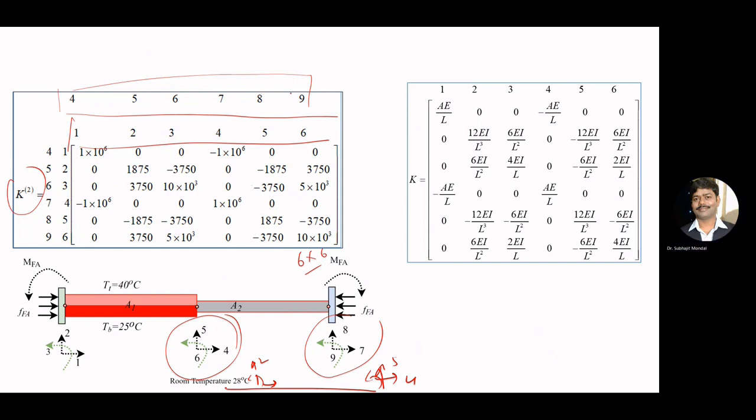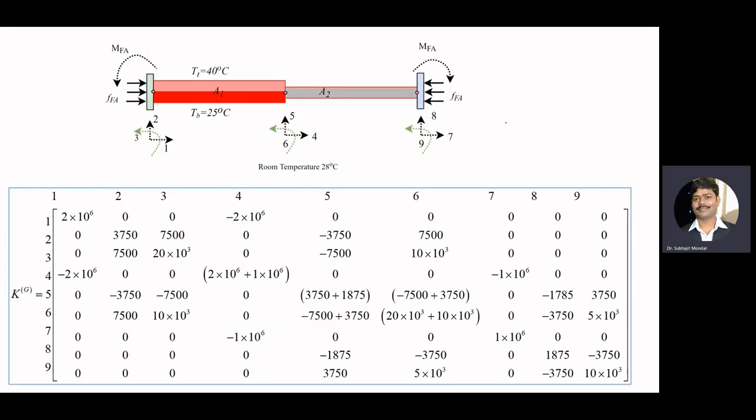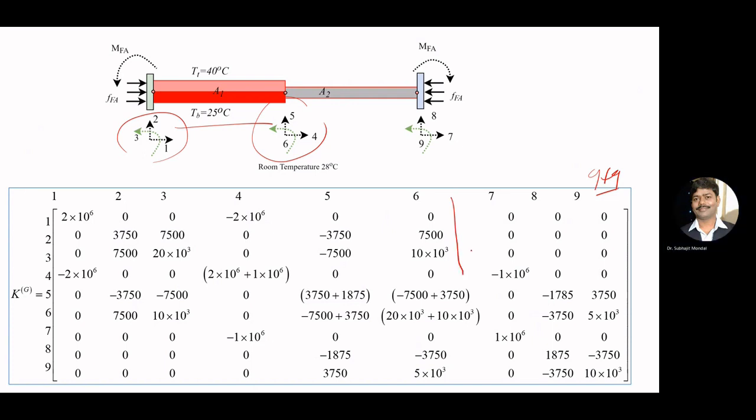Now what we did, we obtained the stiffness matrix for element 1 and the stiffness matrix for element 2. Now we can assemble them and obtain the global stiffness matrix Kg, which will be of size 9 by 9. For element 1 we have degrees of freedom 1 to 6, so up to 6 we will have K1.